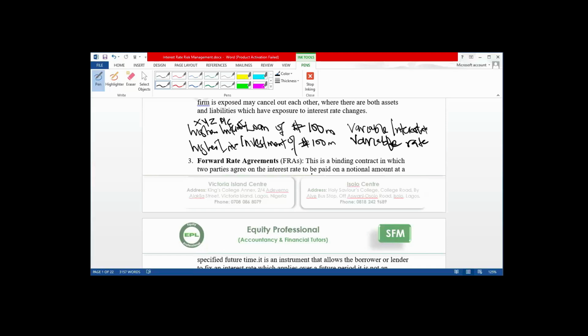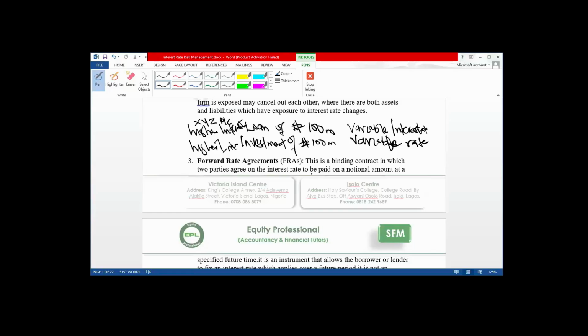A binding contract in which two parties agree on the interest rate to be paid or the interest rate to be received on a notional amount of principal at a specified future date.